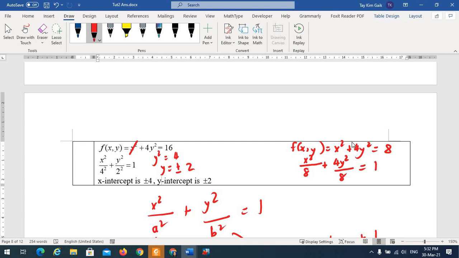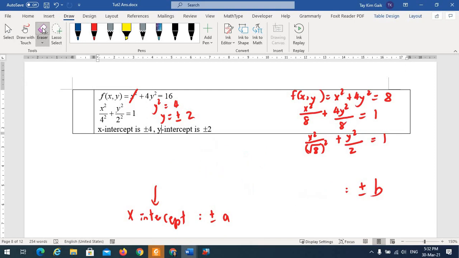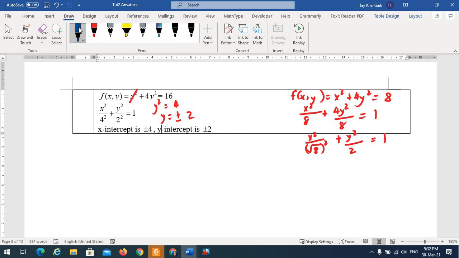So it's not pretty. You will get x squared over 8 plus y squared over 2 equals 1.